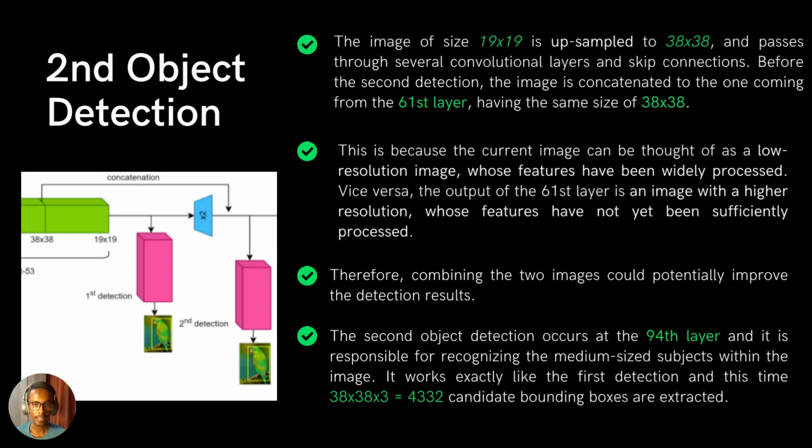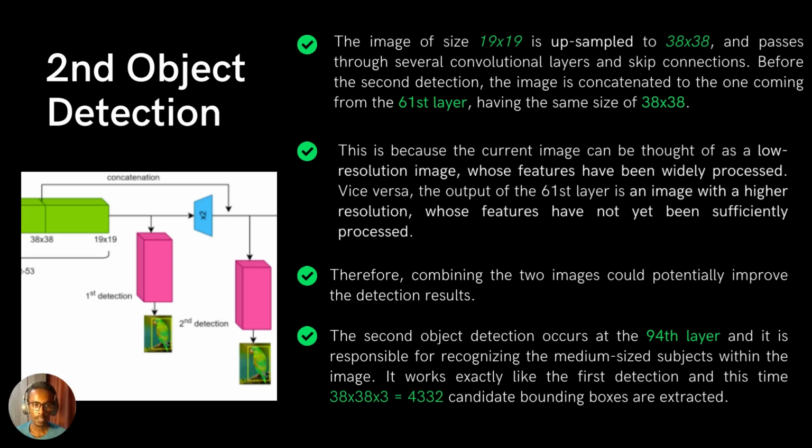This is because the current image can be thought of as a low resolution image whose features have been widely processed. Vice versa, the output of the 61st layer is an image with a higher resolution, whose features have not yet been sufficiently processed.